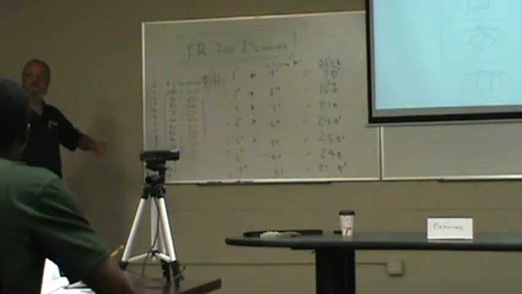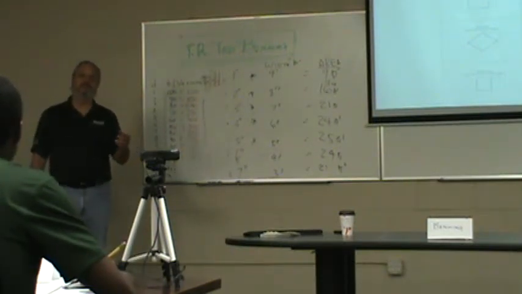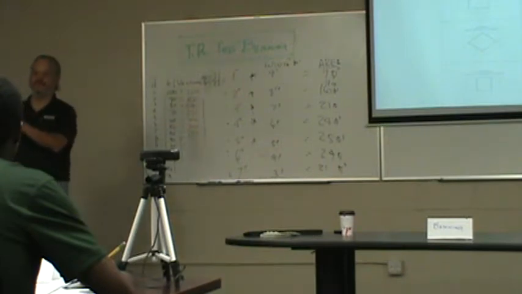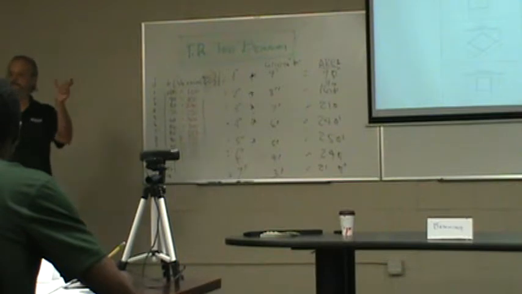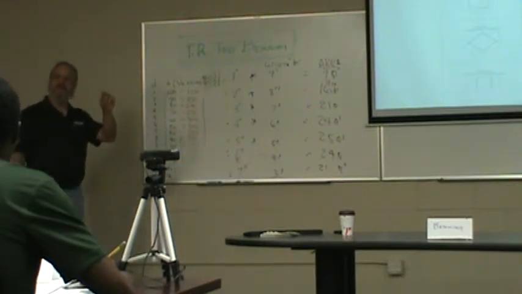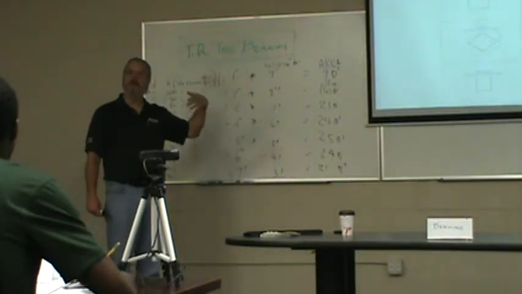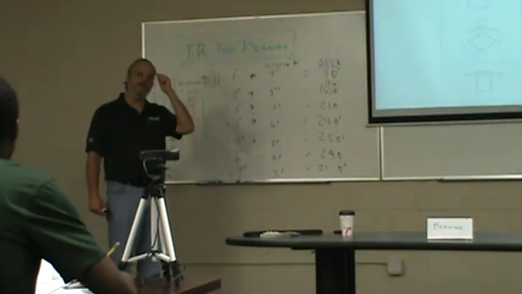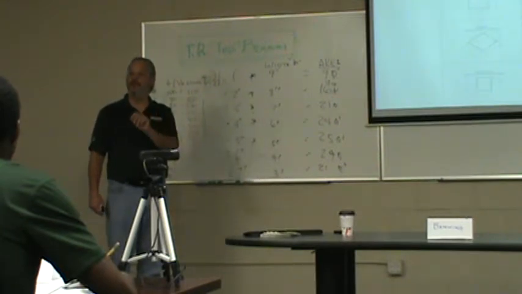Now, where folks get in trouble in construction is that they start trying to multiply inches. They mix their units of measure. So one of the keys in terms of figuring out area, and next will be volume, is that you always are using the same unit of measure in your multiplication.